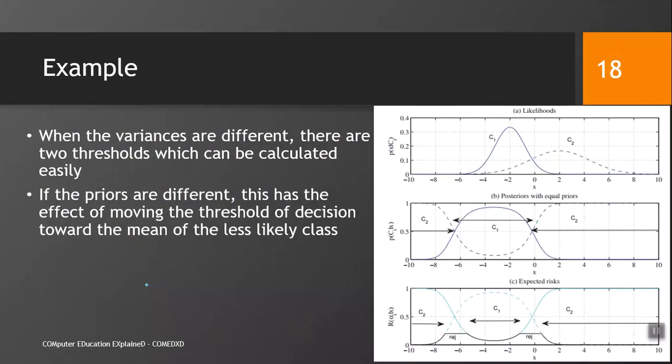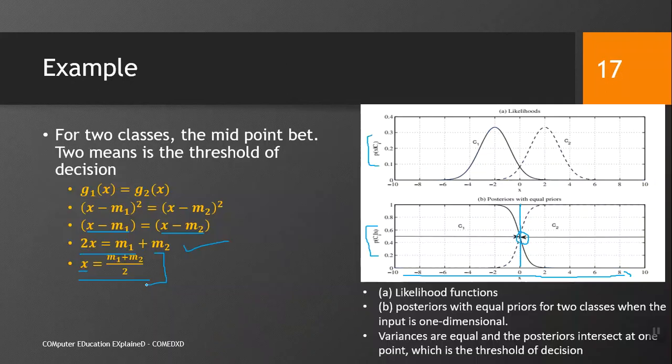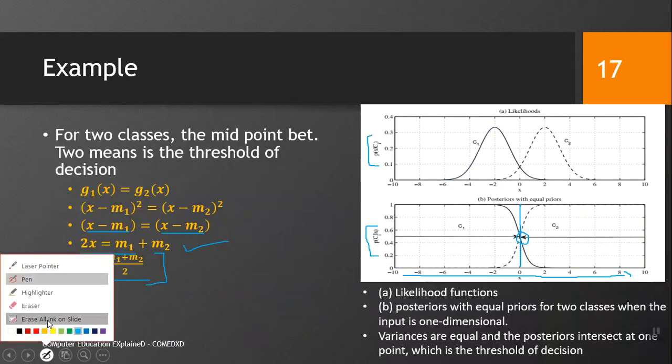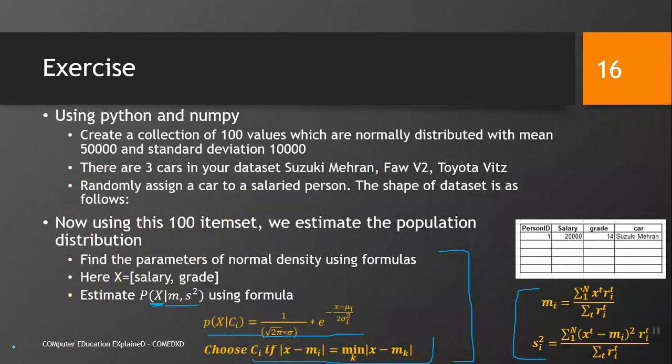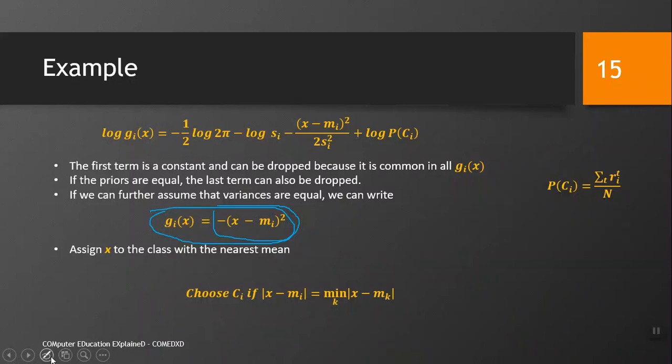Another example, when the variances are different, there are two thresholds which can be calculated easily. Remember that previously we assumed that the variances are the same, right? In this slide we assumed that the variances are the same.